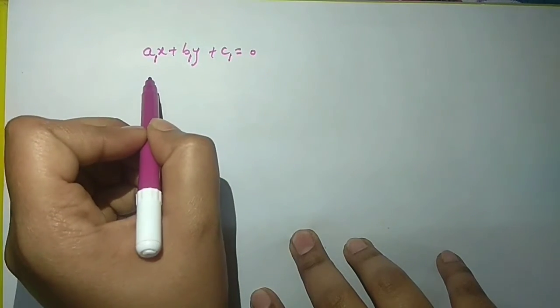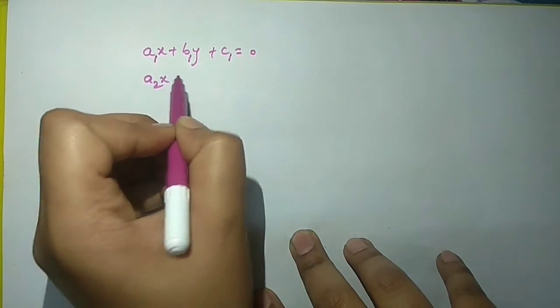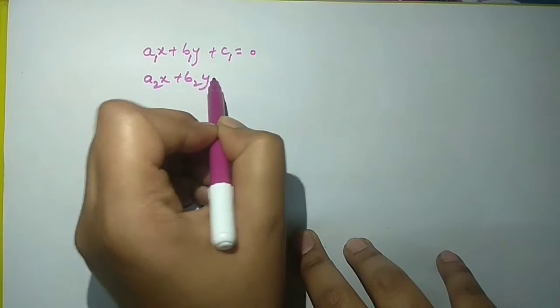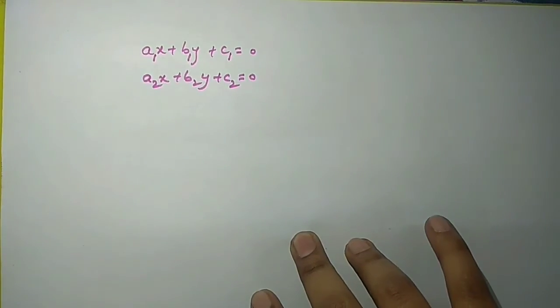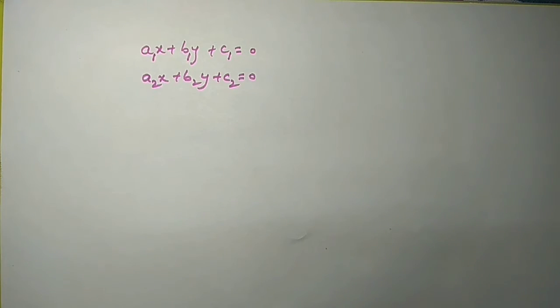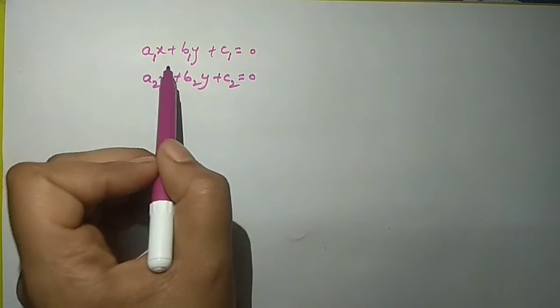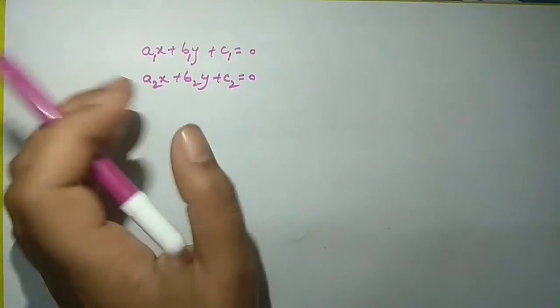For another equation, I have to write a2x plus b2y plus c2 is equal to 0. So these are the pair of linear equations in two variables. Why two variables? Because we have x and y as variables.